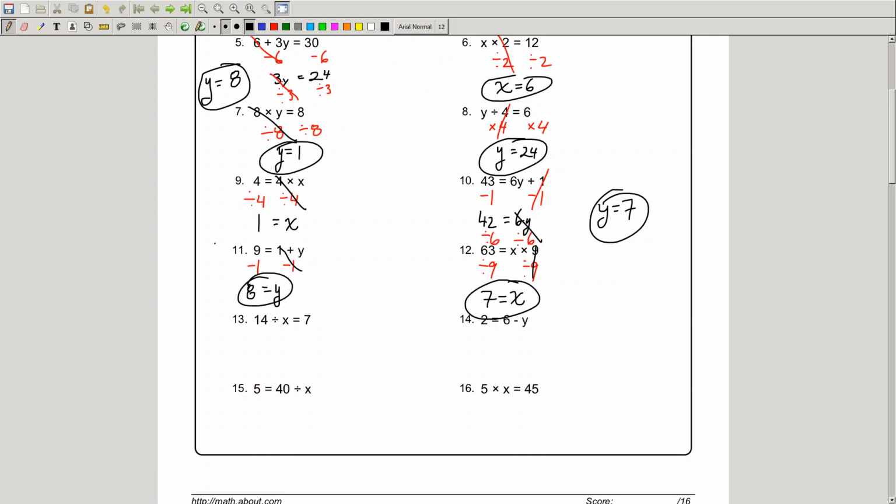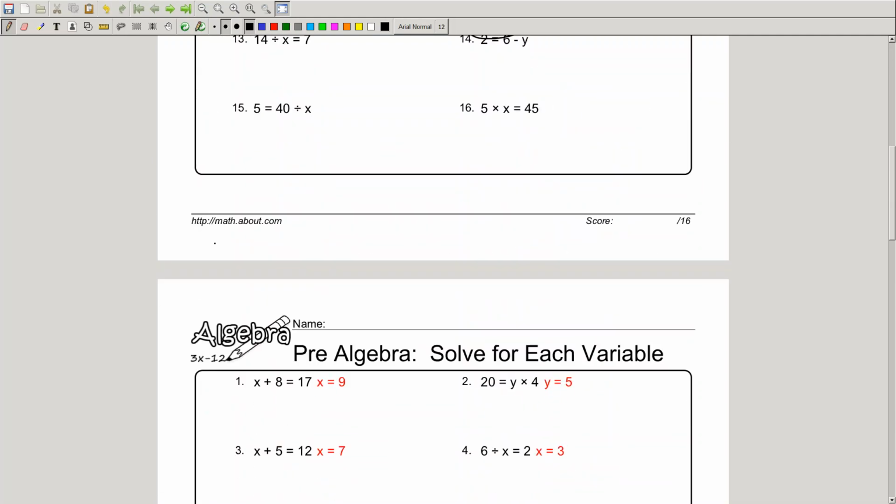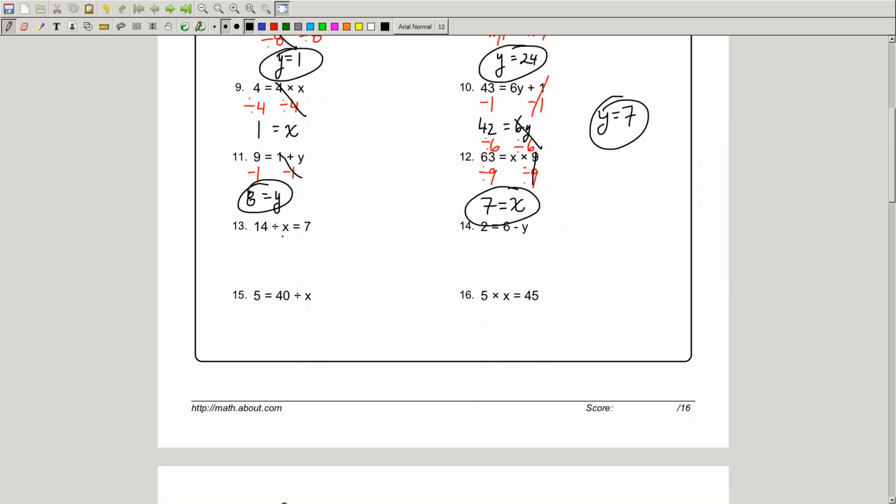Here, I've got a similar problem as I did in number 4. I have to do this in 2 steps. 14 is being divided by x. 14 divided by x. x is on the bottom of this fraction. So here, I'm going to have to multiply both sides by x.